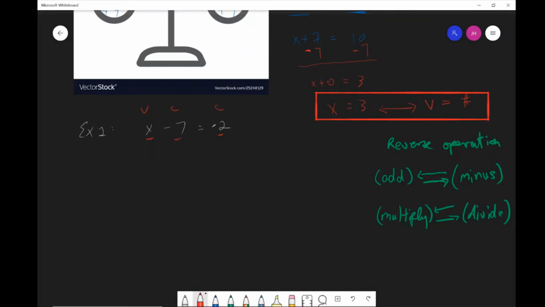I have to perform the reverse operation on either constant. For this case, we will perform the reverse operation on the constant of negative 7, or minus 7, if you want to read it that way. So minus 7, the reverse operation of that is plus 7.